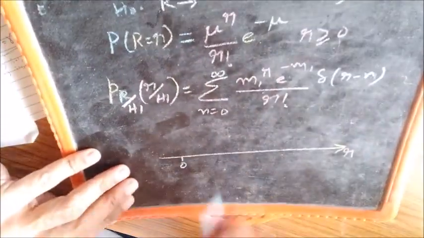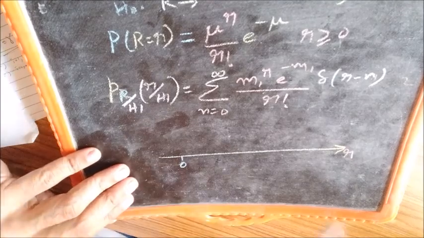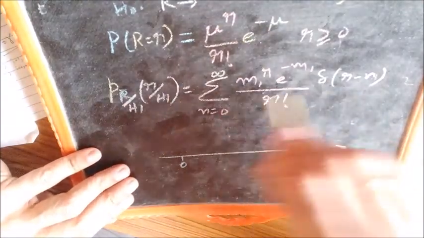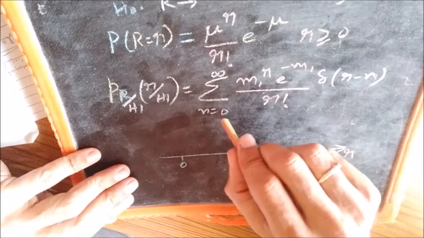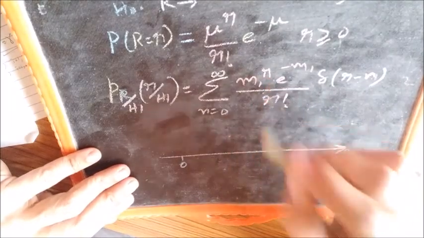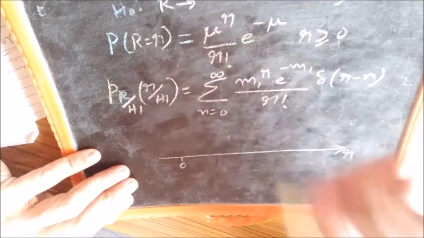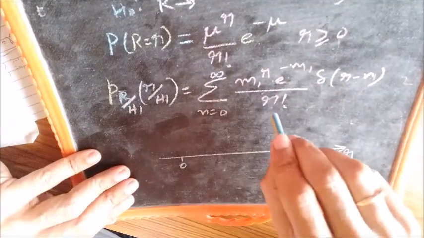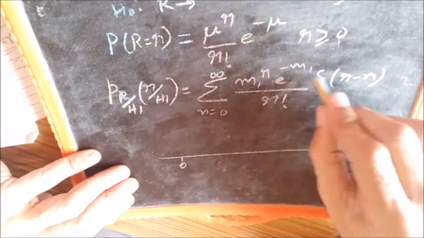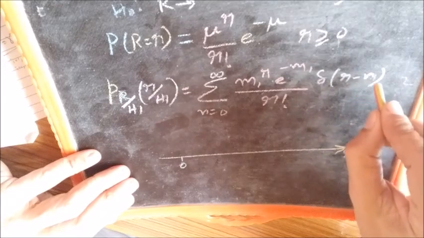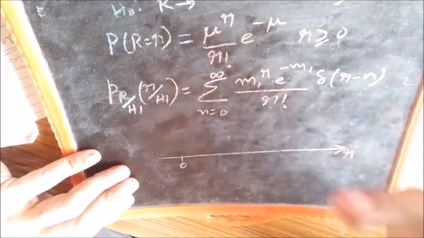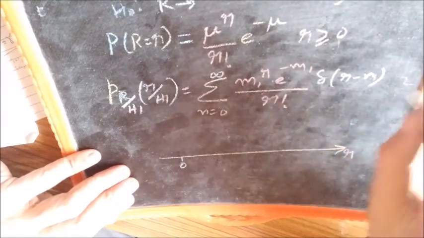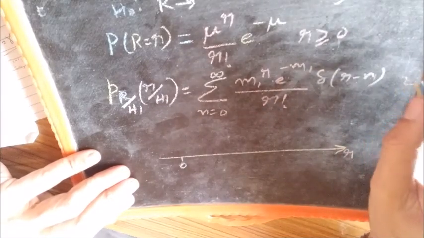When you open this series, you can see that for n = 0, M1 raised to 0 is 1, e raised to minus M1 is e raised to minus M1, and 0 factorial is 1. Delta of R minus n, for n = 0, is delta of R, and that is an impulse which is going to be there at R = 0.